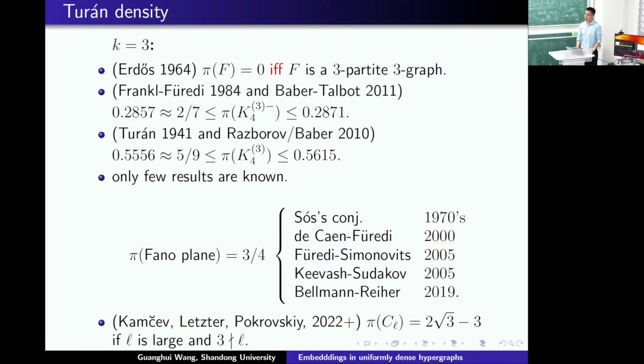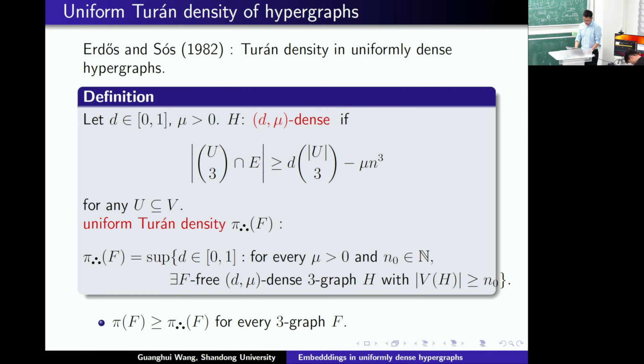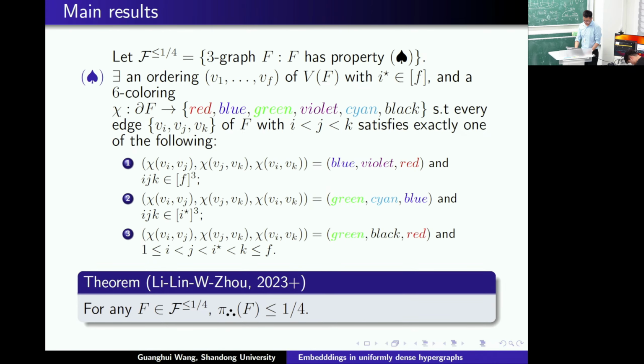For your theorem, you had this characterization in terms of coloring, right? So when you have such a coloring, then you have consequences. Could there be some kind of characterization of what kind of hypergraphs admit such a coloring, or what kind of hypergraph doesn't have that coloring? Yes. In fact, for instance, this one.